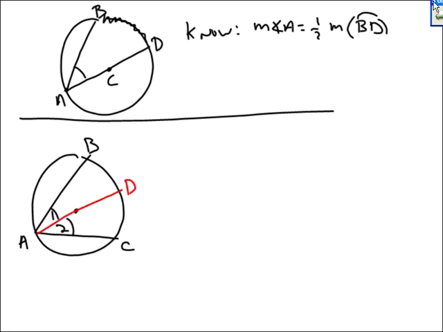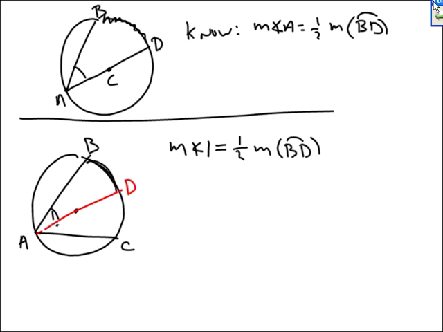That is, angle 1 plus angle 2 is angle A. Now, let us just talk about that picture, the one without angle 2. Well, using the theorem above, we know that the measure of angle 1 is equal to 1/2 the measure of the arc BD, the measure of its intercepted arc.